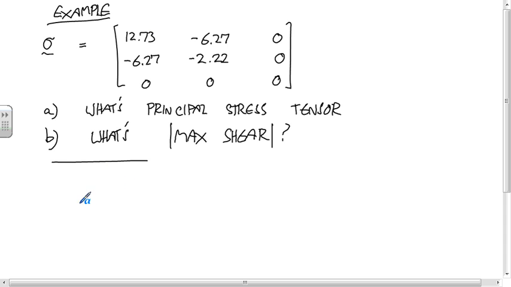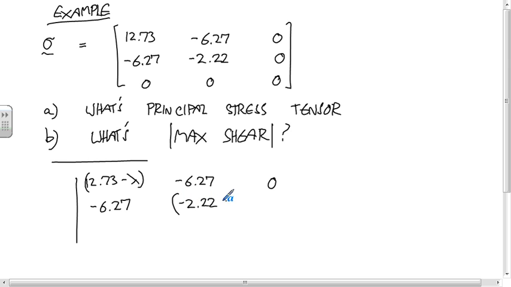So we're going to set up this matrix: 12.73 minus lambda, negative 6.27, 0. Then negative 6.27, negative 2.22 minus lambda, 0.